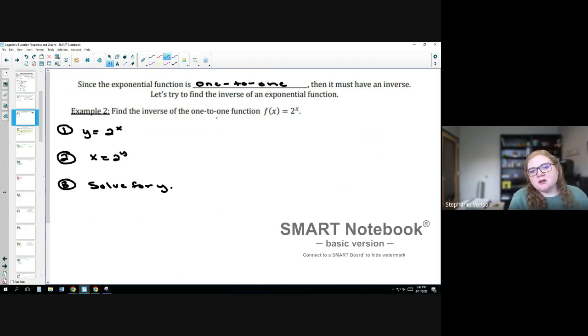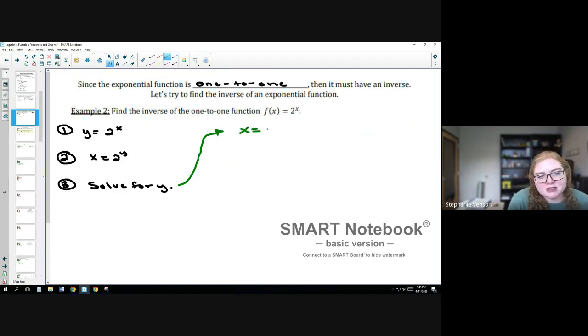So we were given the function f of x equals 2 to the x, and we were asked to find the inverse. So we began with our 4 basic steps. Step 1, rewrite it as a y. Y equals 2 to the x. Done. Easy. Step 2, switch x and y. X equals 2 to the y. Done. The part that we got stuck on was the solving for y, because we didn't know enough about logarithms yet, but now we can do that.